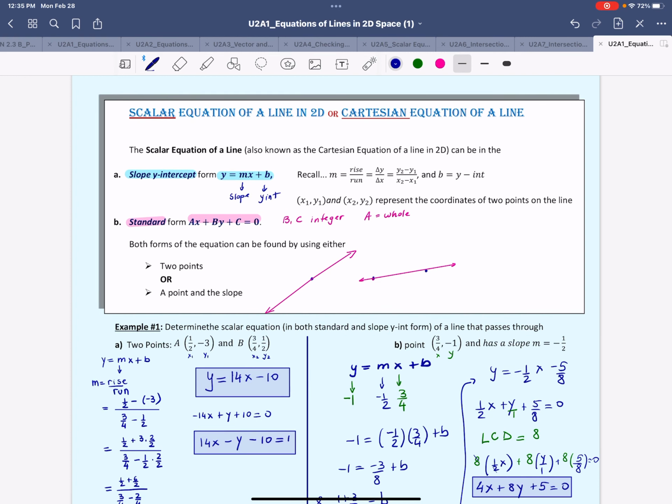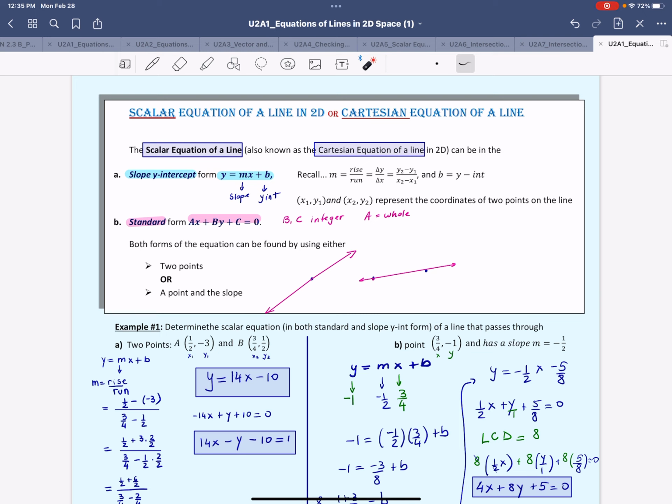So they have a special name, and the reason why we are giving it a special name is because in this unit, since we're doing the unit of vectors, right, we are trying to describe the lines using vectors. So the equations of lines that we have learned so far are what we call the scalar or Cartesian equations of a line, and they can be written in either slope, y-intercept, or standard form.